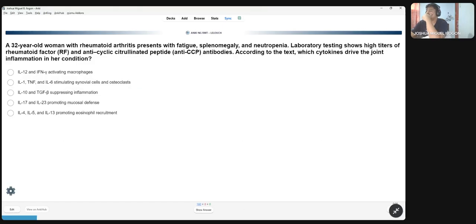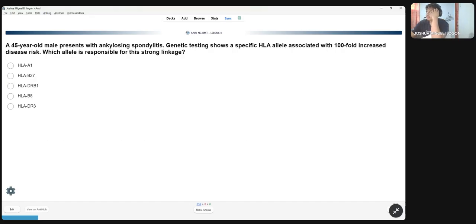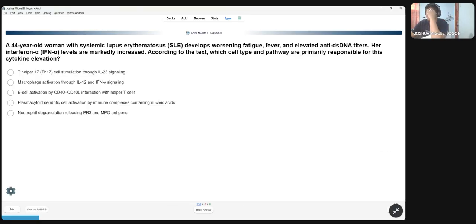Okay. Ankylosing spondylitis. I'm going to go with B27. Yeah, it's simple.